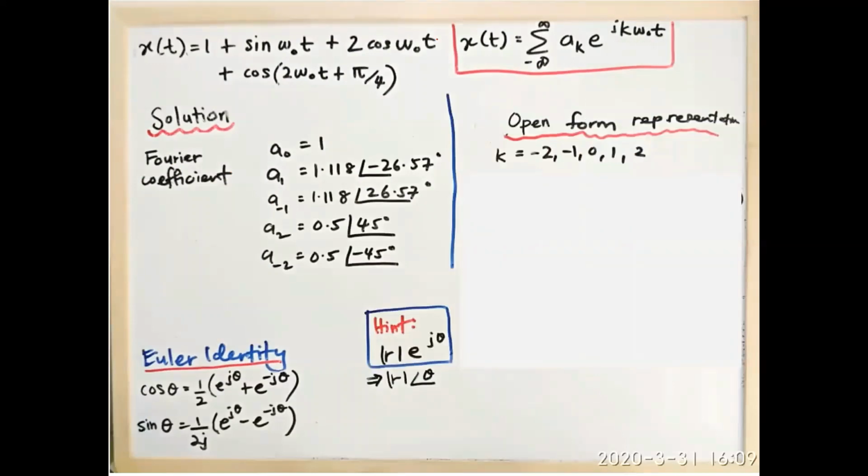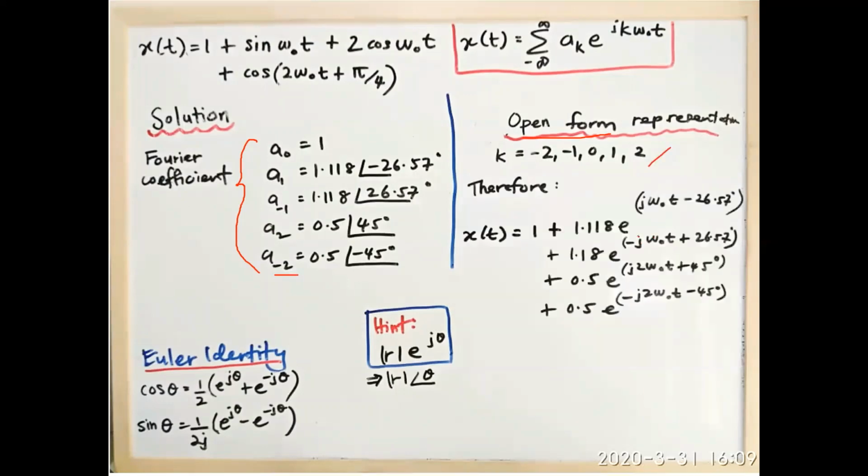The second question was to write out the open form representation for the signal x(t). So after you have calculated the Fourier coefficient, you know that the value of k goes from minus 2, minus 1, 0, 1 and 2 here.